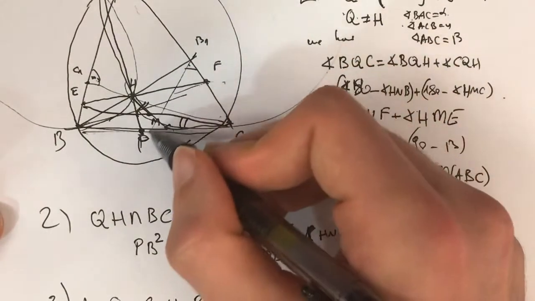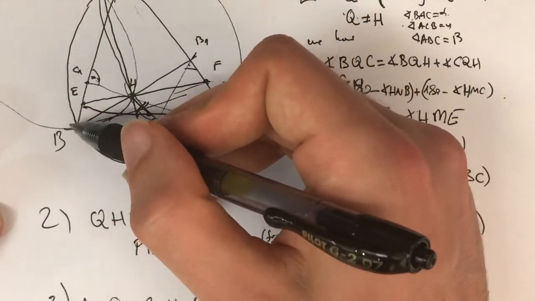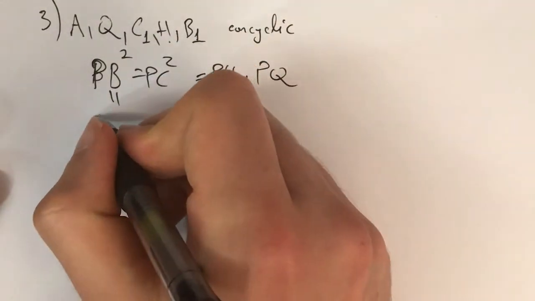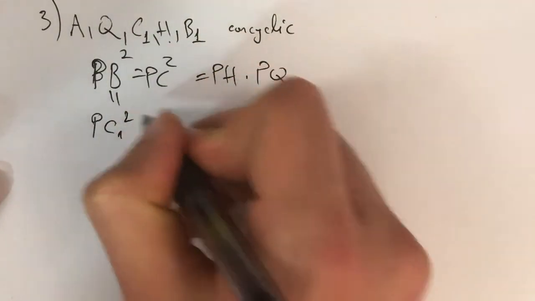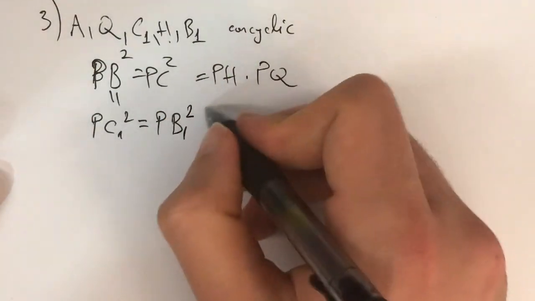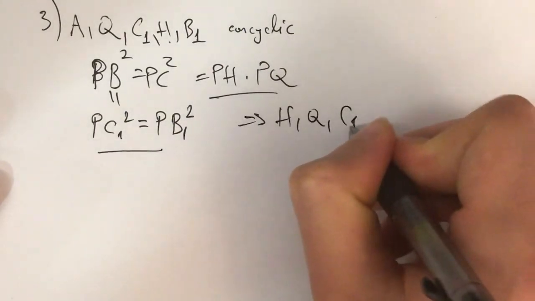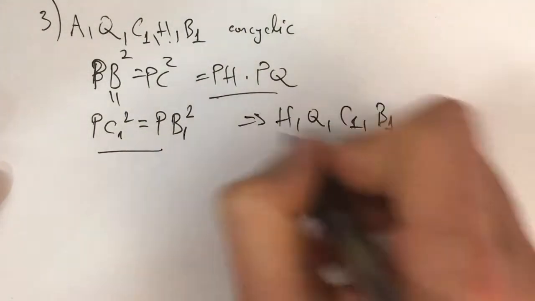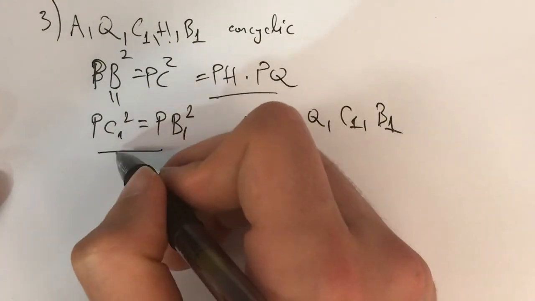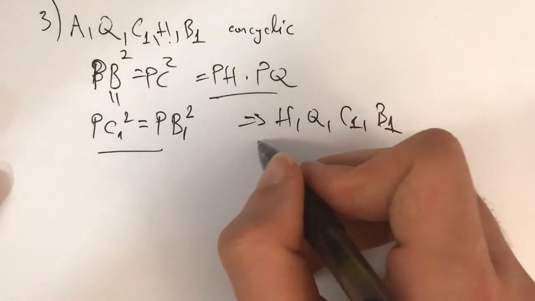But because this is 90 here, this is the center of the circumcircle around BC1, B1C, which means PB equals PC1, and it's equal to PB1. So these two imply that H, Q, C1, and B1 lie on a circle, for which PC1 and PB1 are tangents.